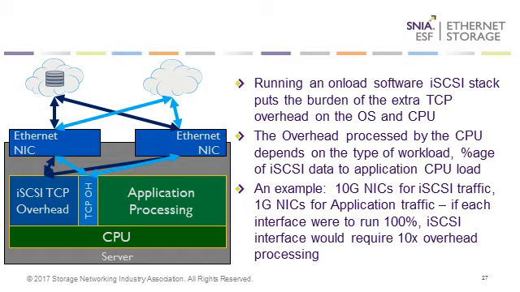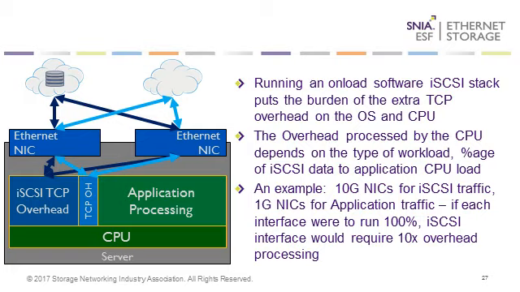And this is going to be processed by the CPU, and the overhead depends very much on the type of workload and also fairly heavily on the percentage of iSCSI data that gets transmitted in relation to the application CPU load.